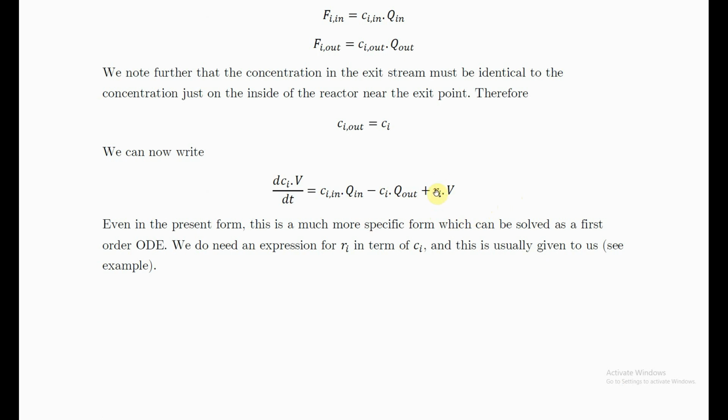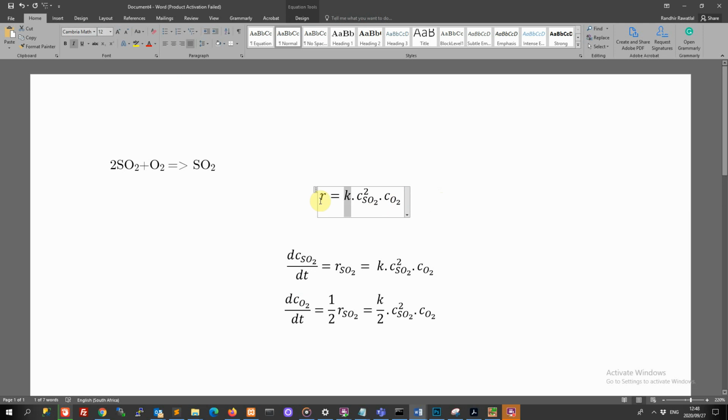Of course, we have to unpack the reaction rate here. And like we said in the example, the same rate expression applies. So this is dictated by nature, right? Nature tells us if you have SO2 at this concentration and oxygen at this concentration, then this is going to be the reaction rate. So this is totally not dependent on where this reaction is happening.